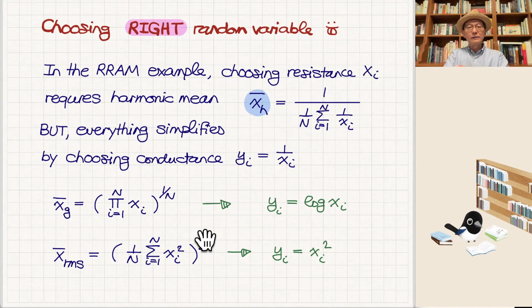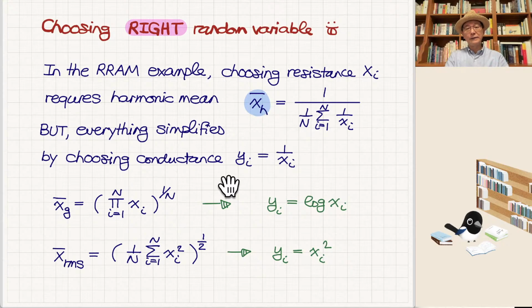So going back to the statistics, do not directly jump into all these sample statistics. Ask yourself, did you really find the right random variable to start with? For instance, the question I asked myself at that time is, is the resistance the right data to use, or should I convert it and then analyze the conductance data?